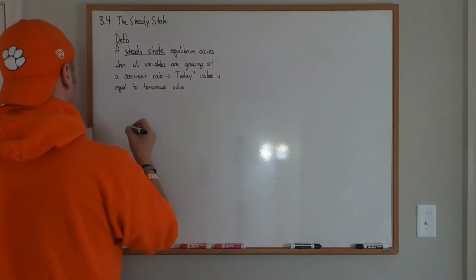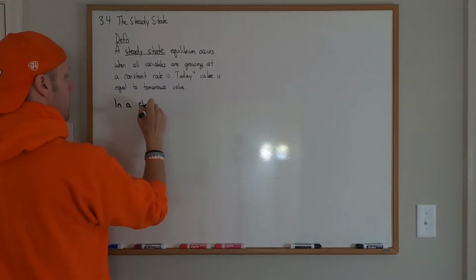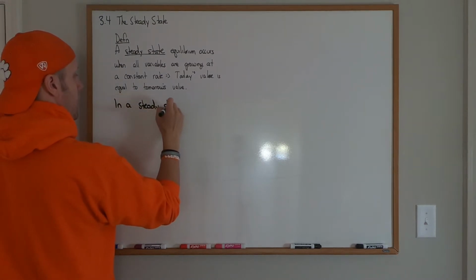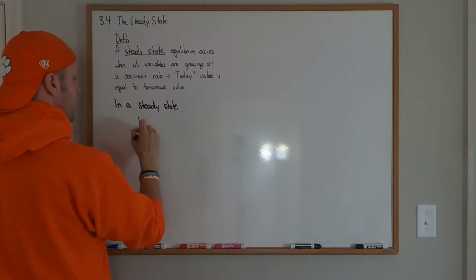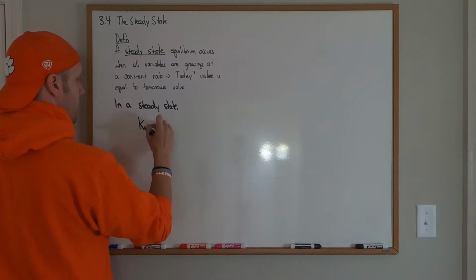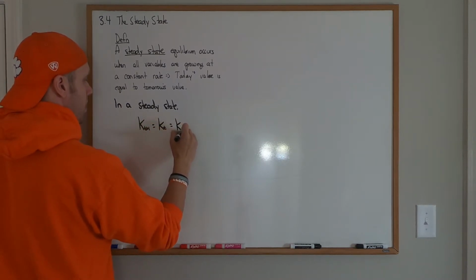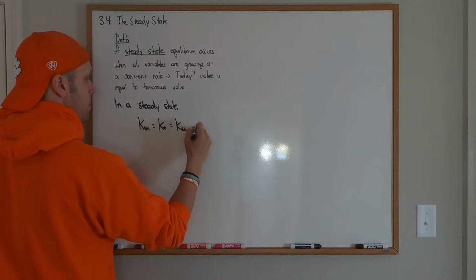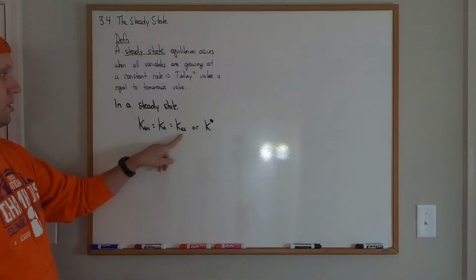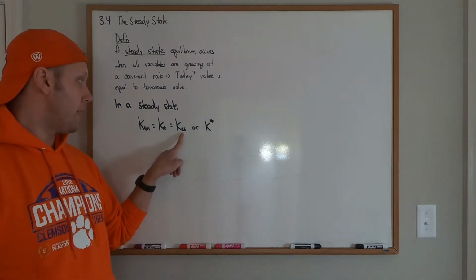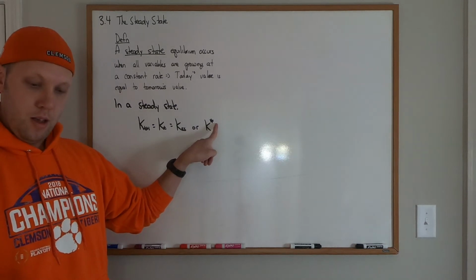All right, so in a steady state, we can say that capital tomorrow is equal to capital today is equal to K with a little SS subscript, meaning steady state, or K with a little star over it.